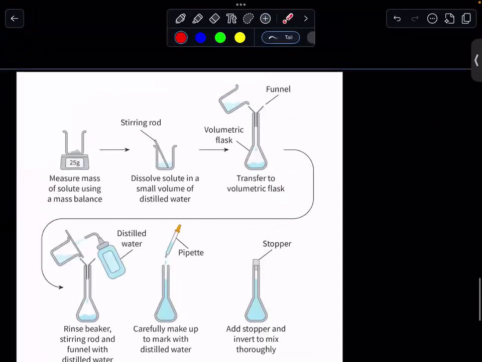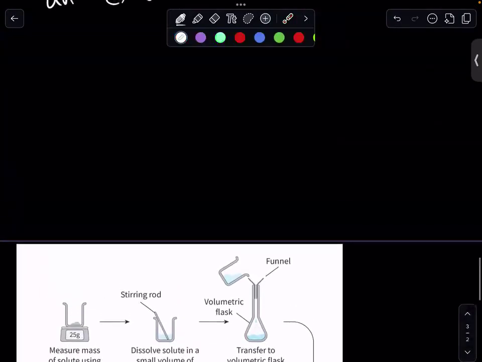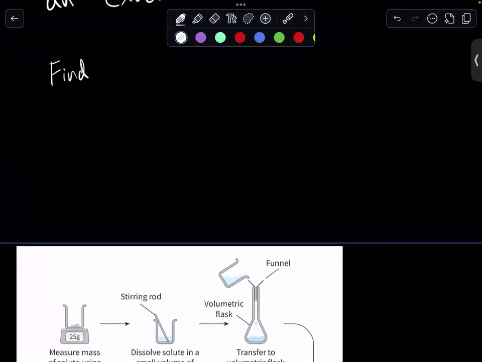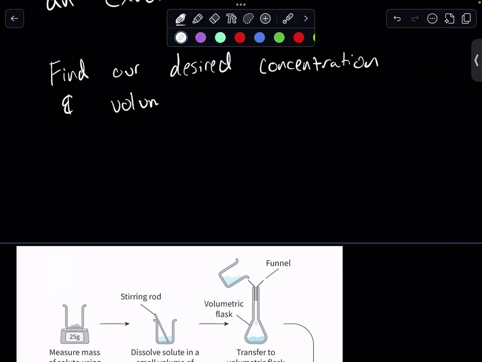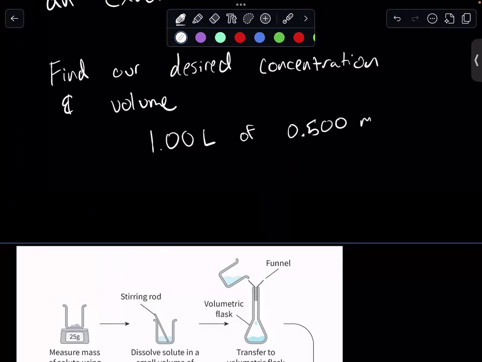So first off, before we do any of it, we need to find our desired concentration and volume. So like, for example, you might want to make 1.00 liters of a 0.500 mole decimeter cubed solution of salt water, NaCl.